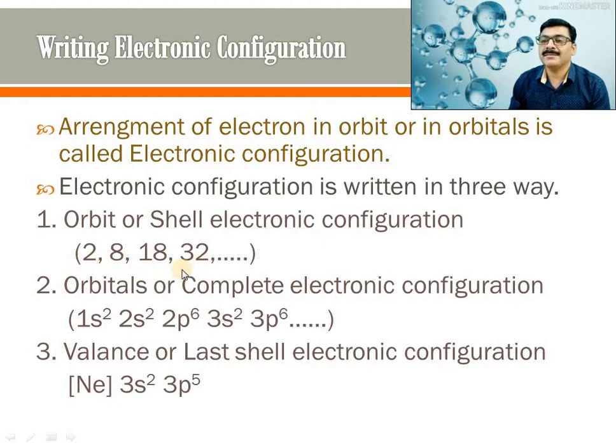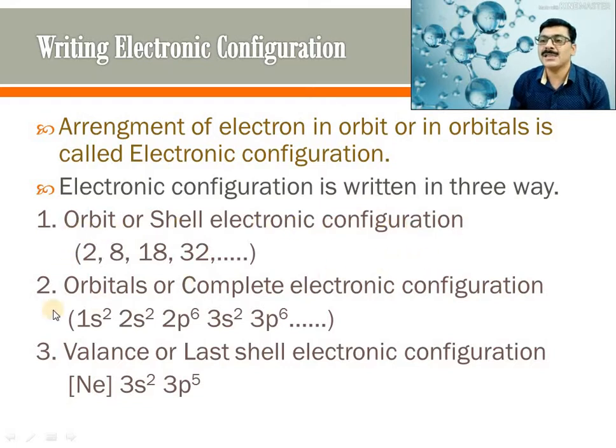This pattern for mentioning the electrons is called shell electronic configuration, or it is also called orbit electronic configuration. Means you have to mention here the capacity of electrons in each shell.